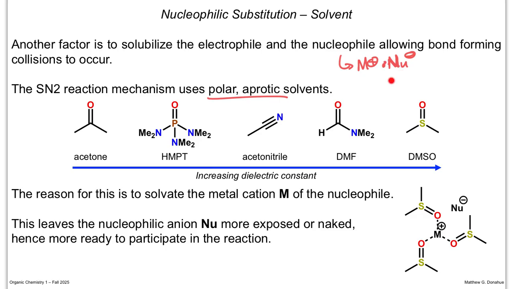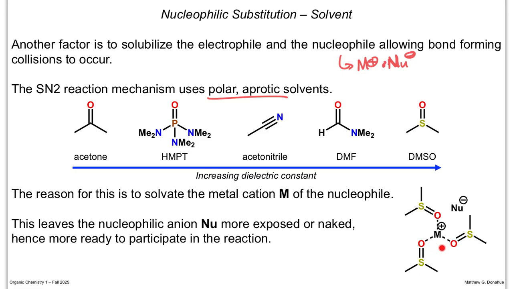And for the SN2 mechanism to happen, the nucleophile has to supply those electrons. If you think of the metal and the anion in a relationship, if that relationship is strong, the reaction is going to proceed slow because the electrons are not available to bond. The solvent helps break that up by coordinating with the metal.